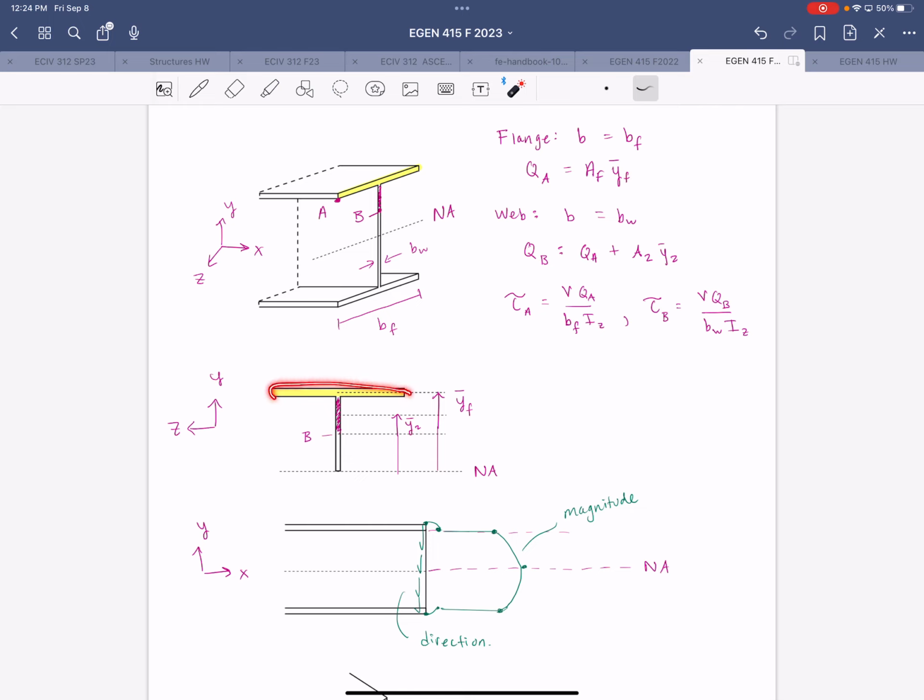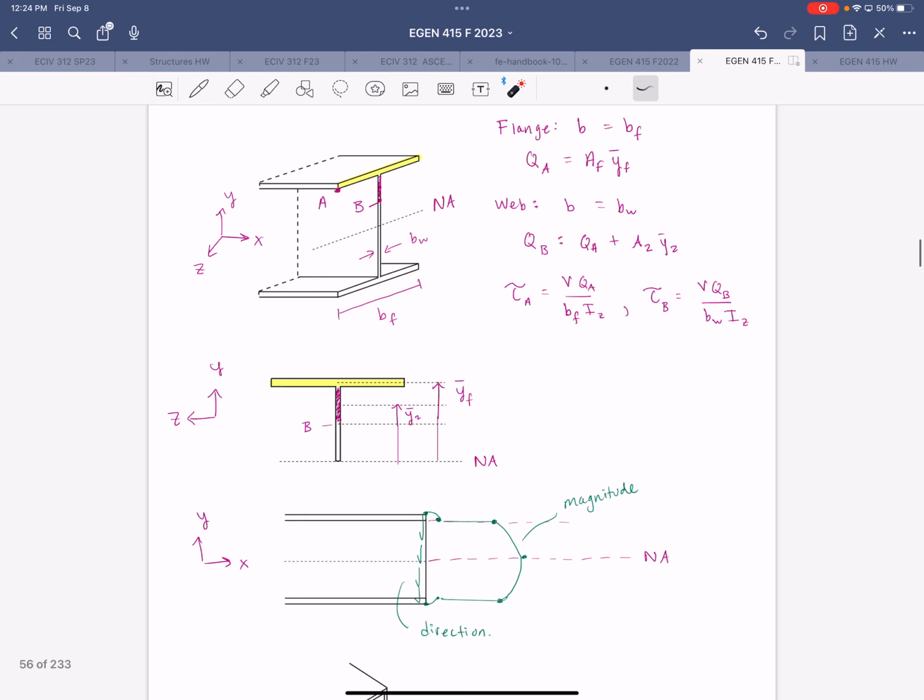But because it's two different shapes, we want to break it up. You could calculate the centroid of this whole thing, and say the area of this times the centroid of this. But it's easier to just do QA plus Q2 to get QB, right?